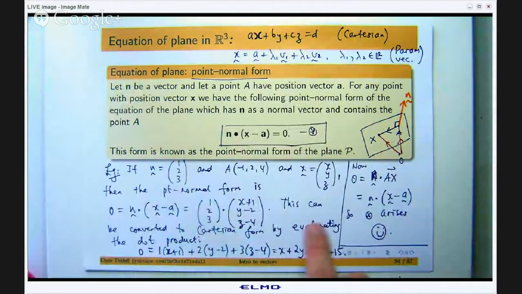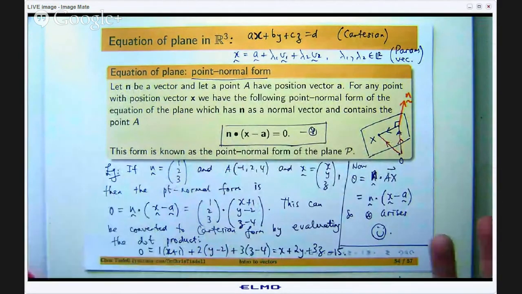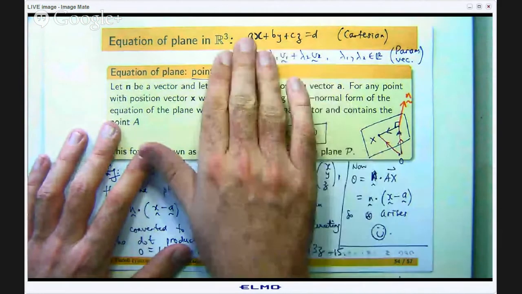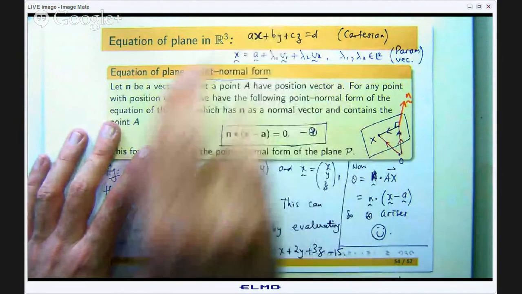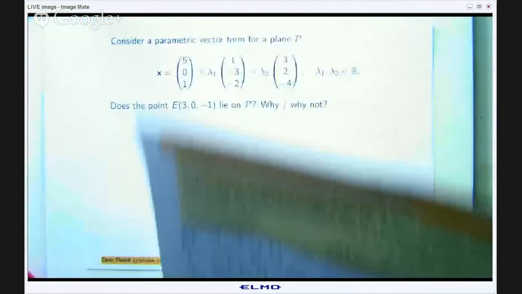Okay, so you would sort of start with this, you would go back to this form, and it's pretty easy to work out a point on the plane from this equation. Just let x and y equal 0, then z's got to be d on c. So you can kind of work backwards. All right, let's do the more formal example here.